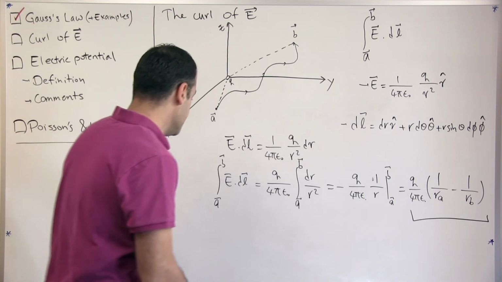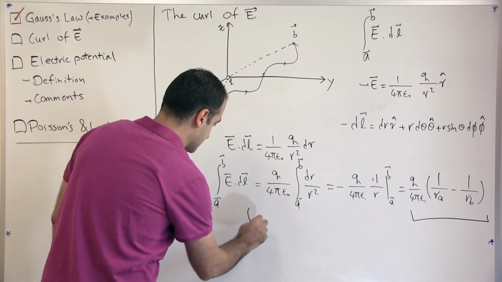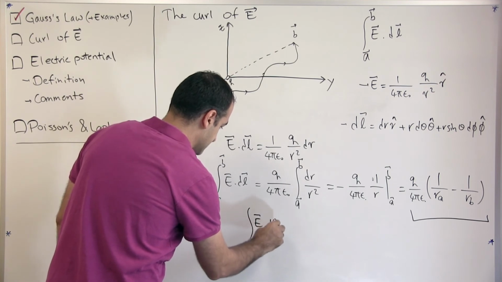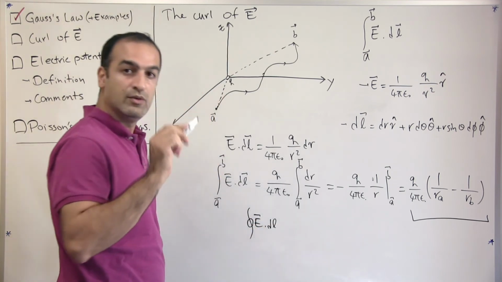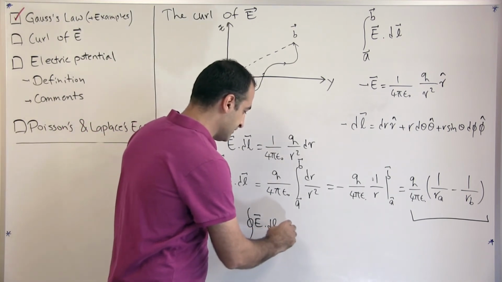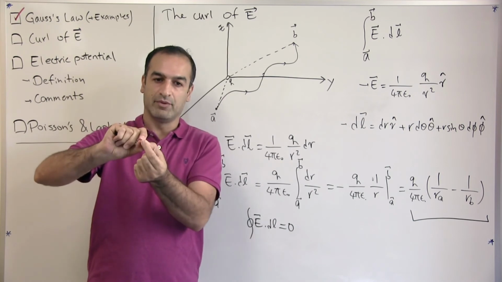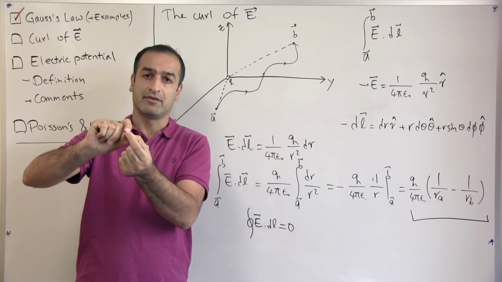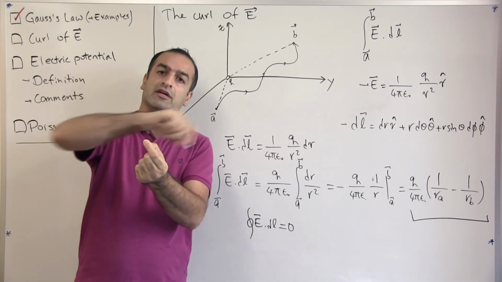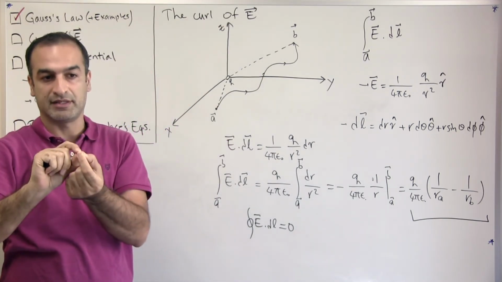So now, you can easily imagine if I had done this integral, E dot dl, over any closed path, the result would have been 0. Because if it's over a closed path, you start from one point, again a random closed path, you can go all the way around any random path, but come back to the same starting point.